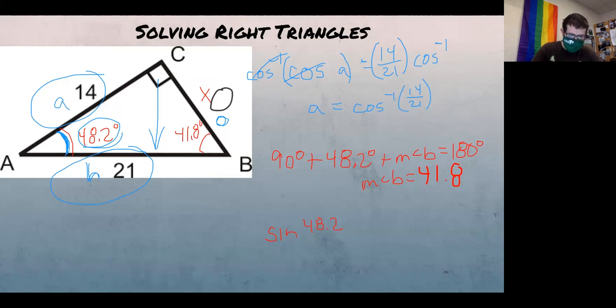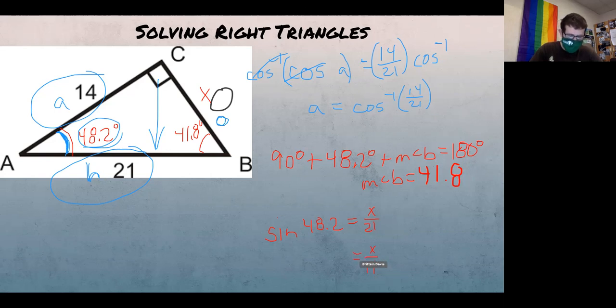Tell me what the rest of the ratio would look like. X over 14. X over, not 14 here, 21. 21, yeah. So it's over the hypotenuse. We could set it up a different way. If I did x over 14, which trig ratio would that be?